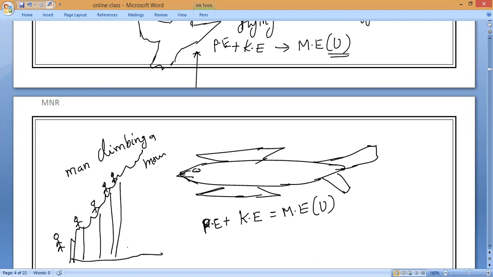Potential energy. And he keeps on moving, so which energy will he possess? Kinetic energy. Kinetic energy plus potential energy gives mechanical energy. So a man climbing a mountain is also an example of mechanical energy.